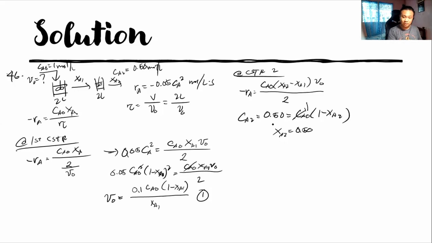So if we substitute that here, we'll have 0.05 CaO squared 1 minus XA2, then squared dayon we have CaO, diba pwede natin na siya i-substitute.